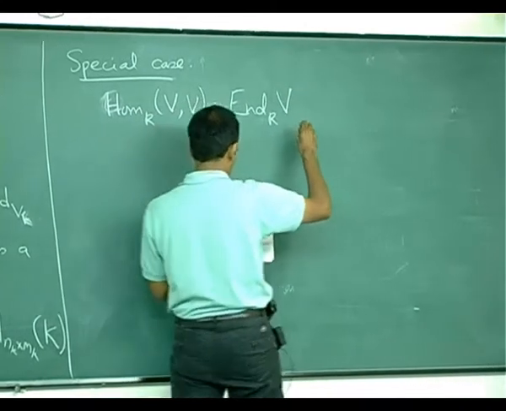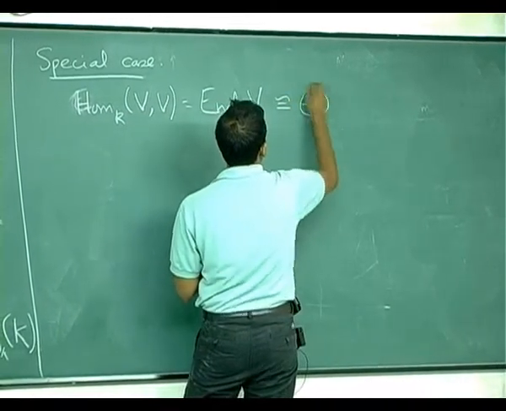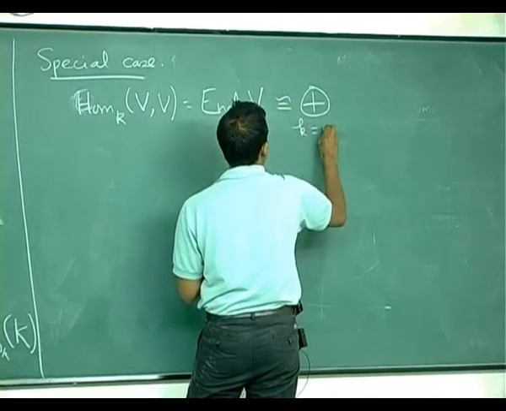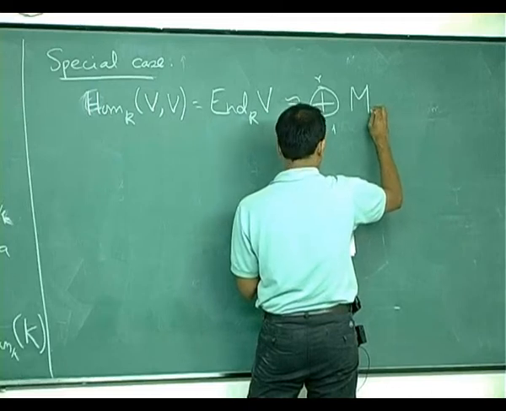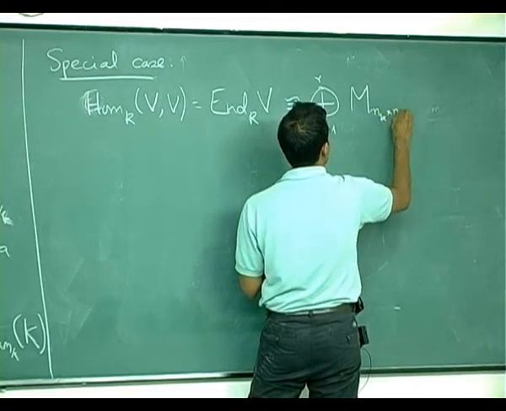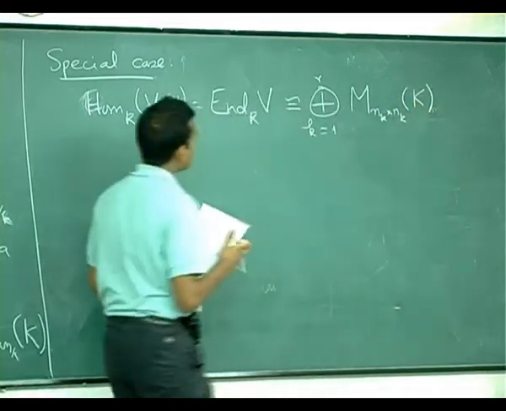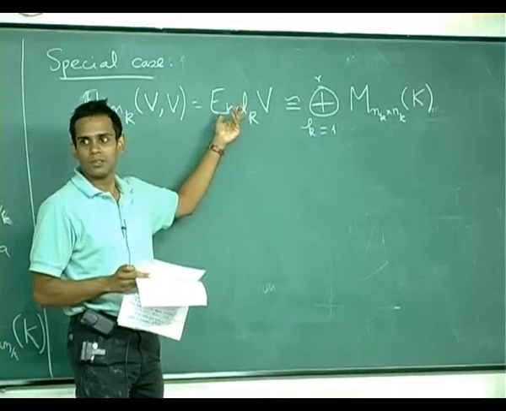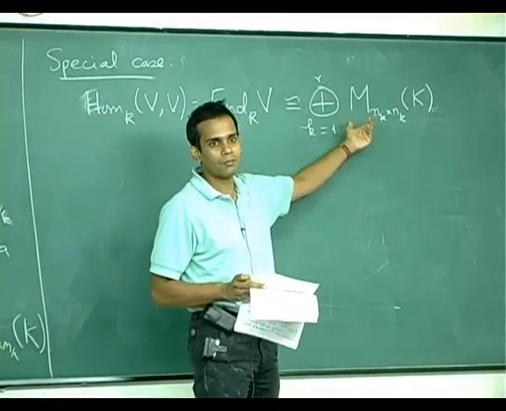This can be thought of as the direct sum, k goes from 1 to R, of M_{nk by nk}(k). This is always an algebra because you can just compose these things, and what we are saying is that this is actually a sum of matrix algebras.